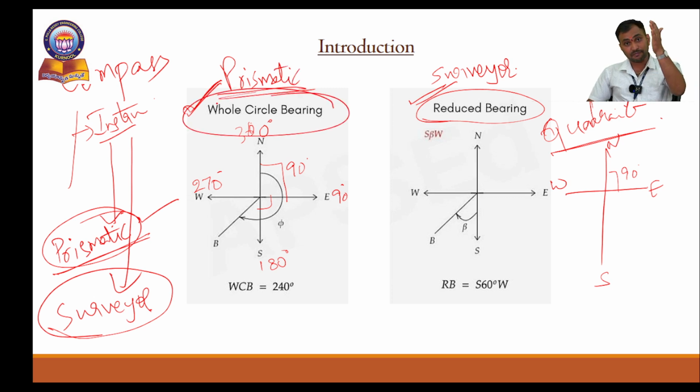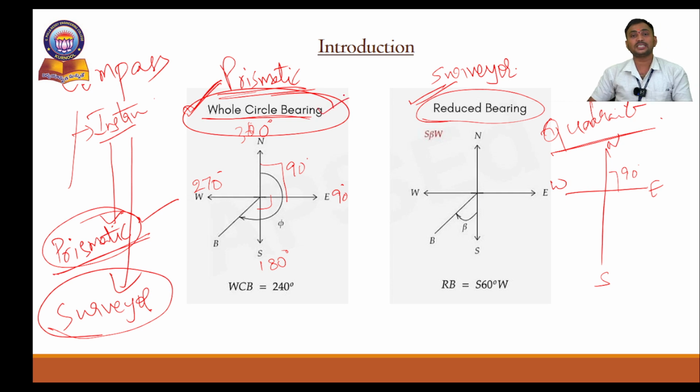It starts from 0 to 90 degrees, 90 to 180, 180 to 270, and 270 to finally 360 degrees. In that compass, the magnetic needle rotates continuously from 0 to 90, 90 to 180, 180 to 270, 270 to 360 degrees. That's why we call it the whole circle bearing system.